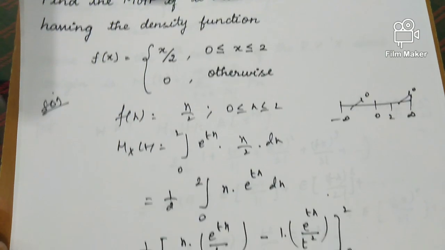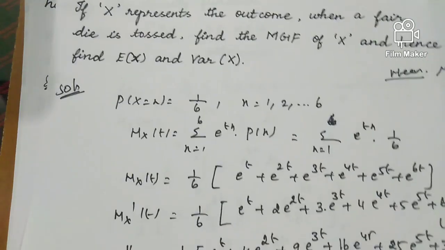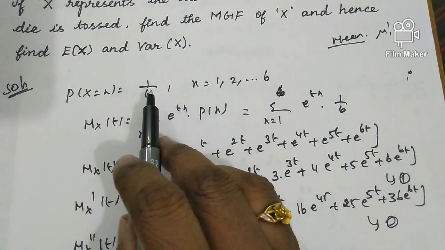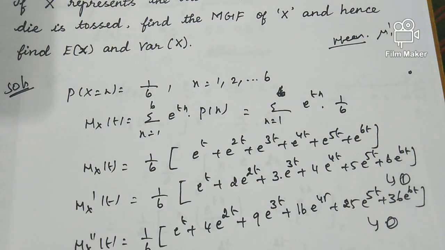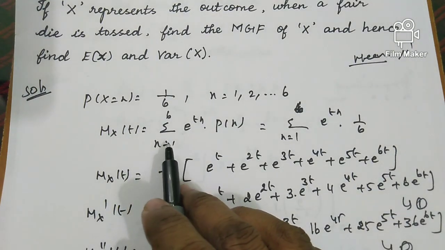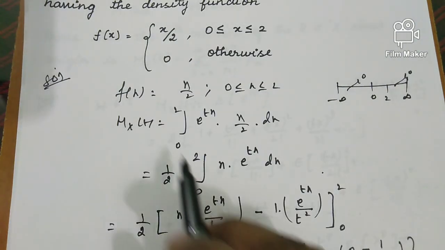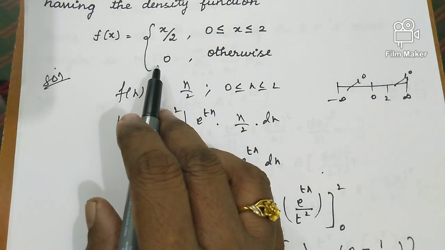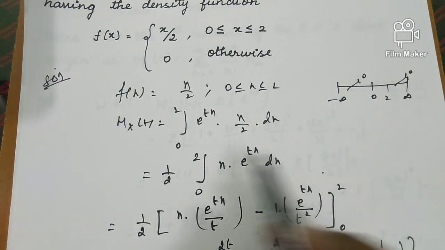In the previous question it was given that a fair die is tossed, so our p(x) is 1/6. When p(x) comes itself, we can identify that the random variable is a discrete random variable, so only there we applied the sum of e^(tx) p(x), and in this question it's given f(x). So the density function is given, obviously the random variable is a continuous random variable.